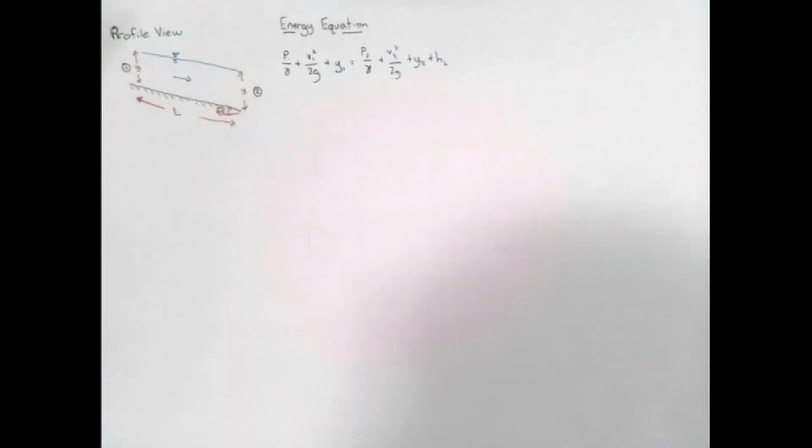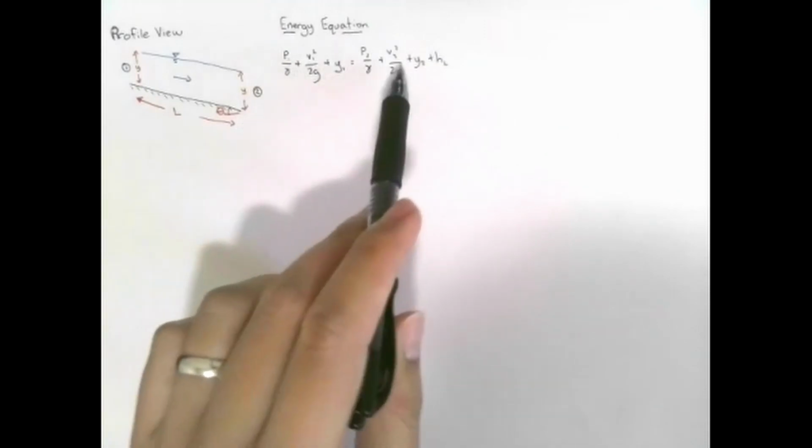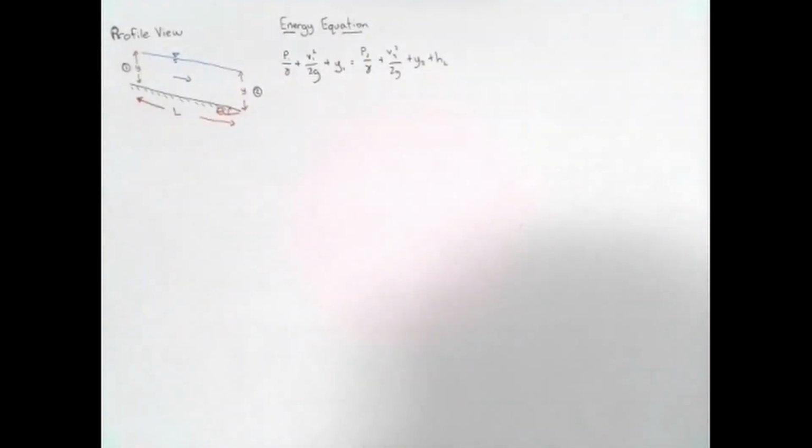Typically when we're dealing with control volumes using the energy equation, we look at these energy terms at the centroid of the control surface. However, in this case, both of these control surfaces, inlet and outlet, have the same depth, and you know that the pressure term is just gamma h.